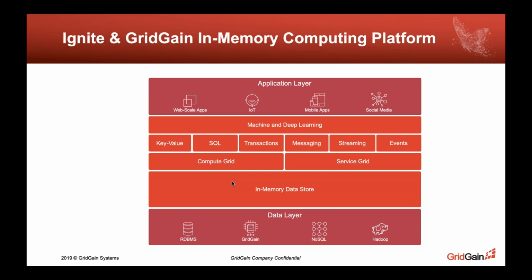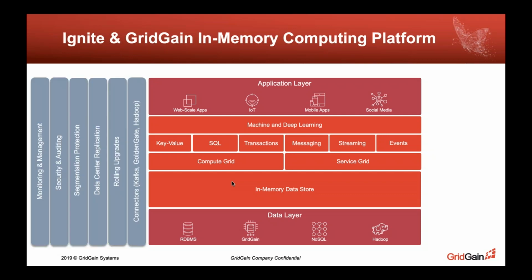And then in terms of some of the common use cases that we see with Ignite and GridGain, we see core banking services, real-time product pricing, reconciliation and risk calculation engines for insurance, and analytics and machine learning.